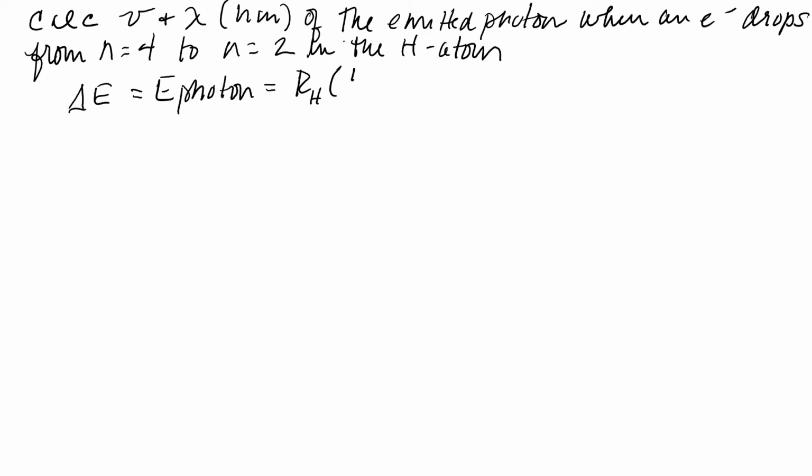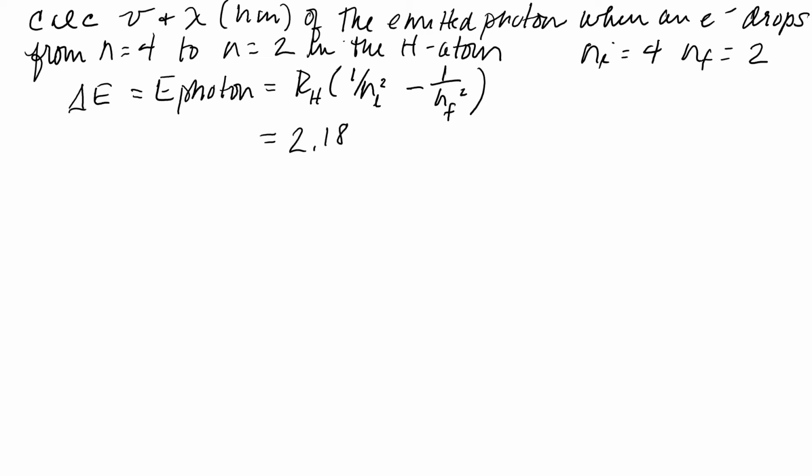It is 1 over n initial squared minus 1 over n final squared here. So n initial equals 4 and n final equals 2. The Rydberg constant is 2.18 times 10 to the negative 18 joules.